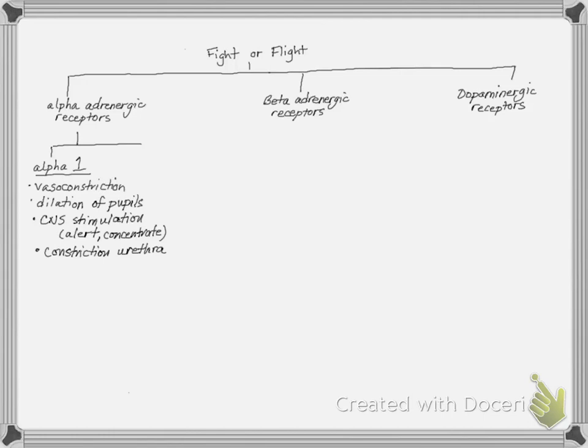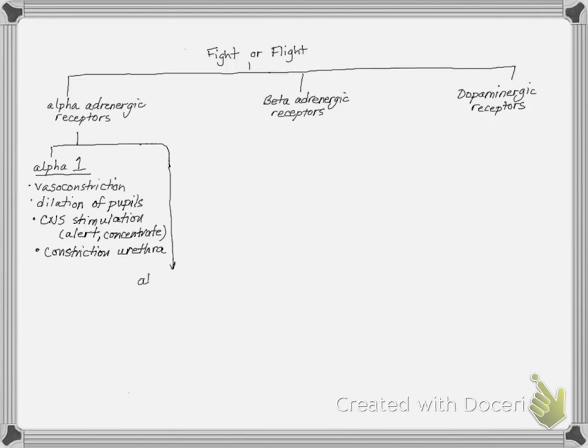Dilation of your pupils so you can see in order to fight or flee. Then CNS stimulation, which allows your brain to be alert and to concentrate so you can fight or flee. And then constriction of your urethra so that you don't have to run to the bathroom in the middle of all this.